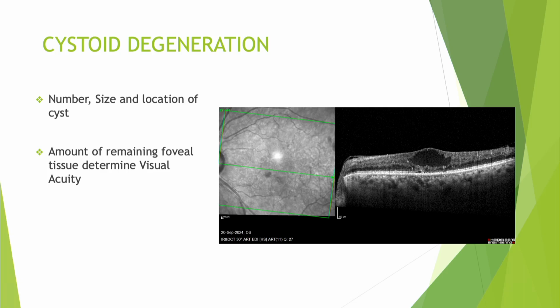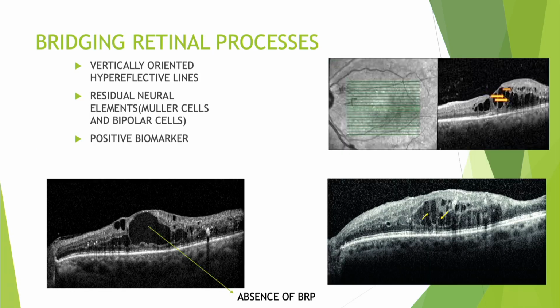So what determines the visual acuity is not just the presence or absence of the cyst, but the number, the size, and the location of the cyst, and also the amount of the residual foveal tissue. If you look at these cystoid processes, sometimes there could be bridging retinal processes, which are vertically oriented hyperreflective lines that connect the inner and outer retina, and these are a positive biomarker.